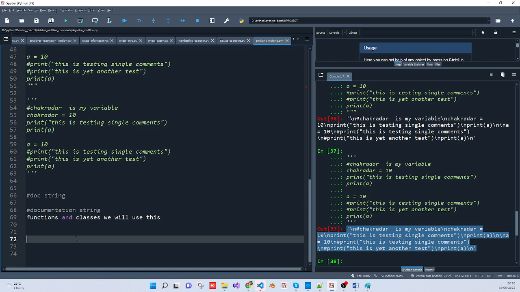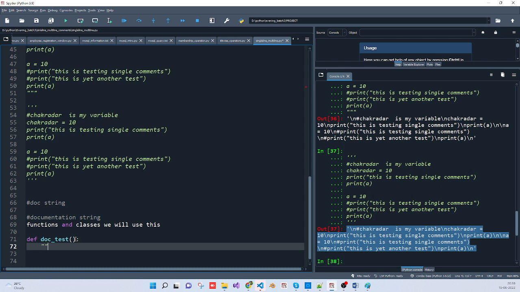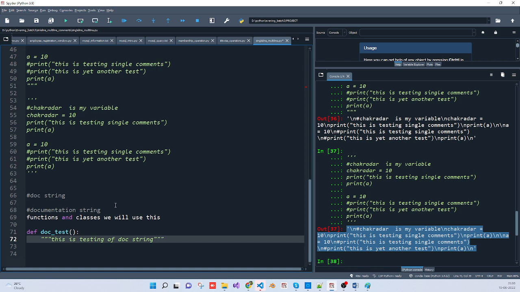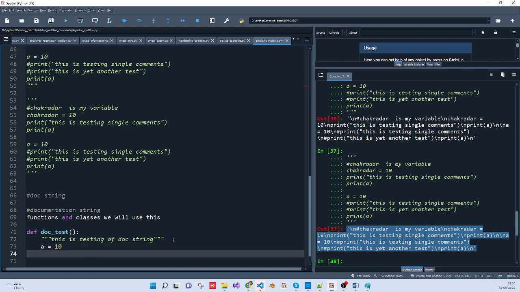Now, something like I am writing a function, def doctest. It is a testing of docstring. a equals 10, print a.